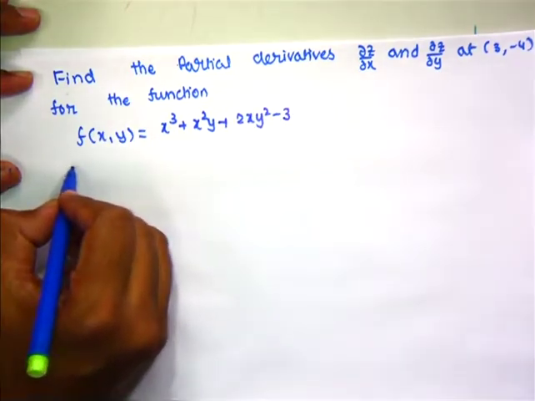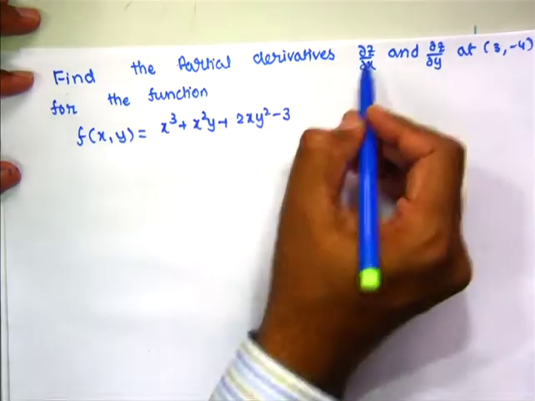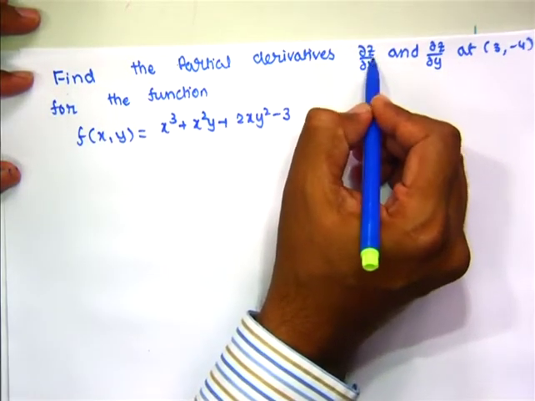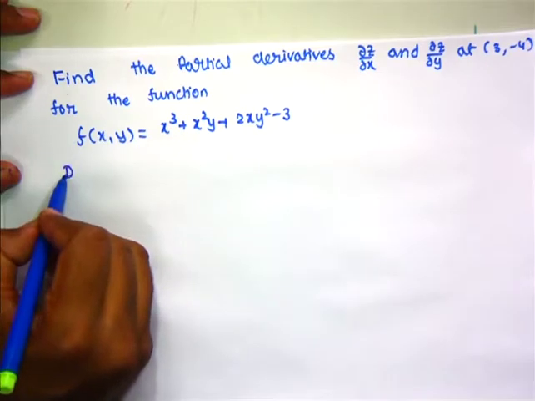So clearly, if we want to obtain the partial derivative del z by del x, then we have to differentiate this.